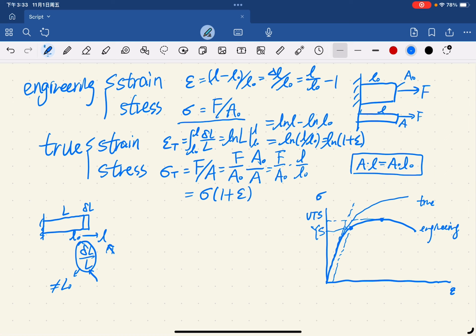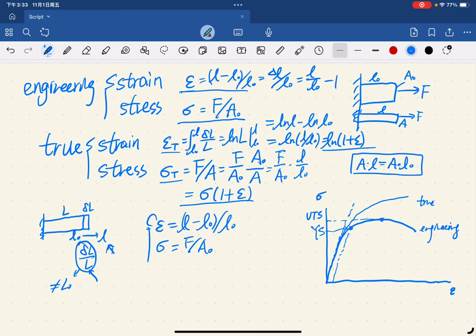Okay, so these four are the expressions of engineering strain, engineering stress, true strain, true stress. After a straightforward experiment, we can very soon get the values of the engineering stress and strain. These can be derived very straightforwardly.